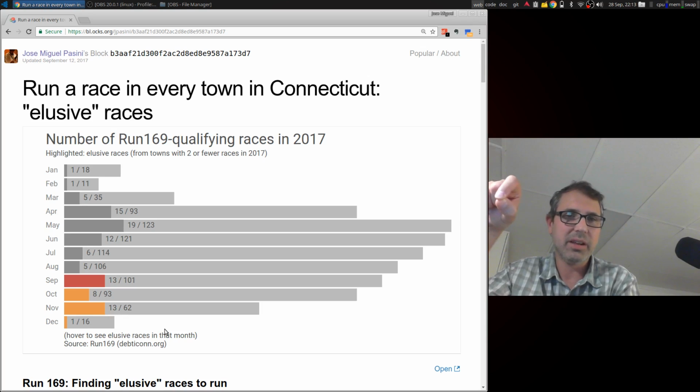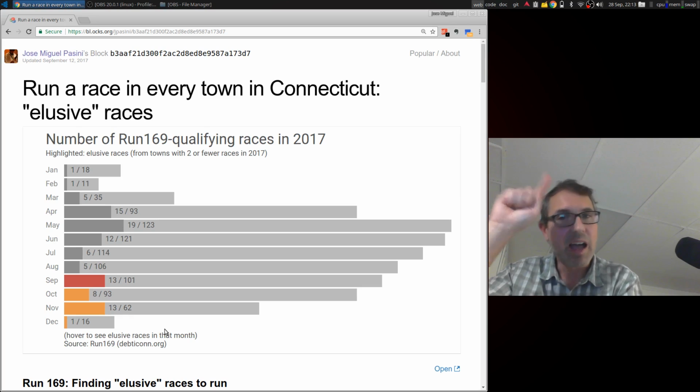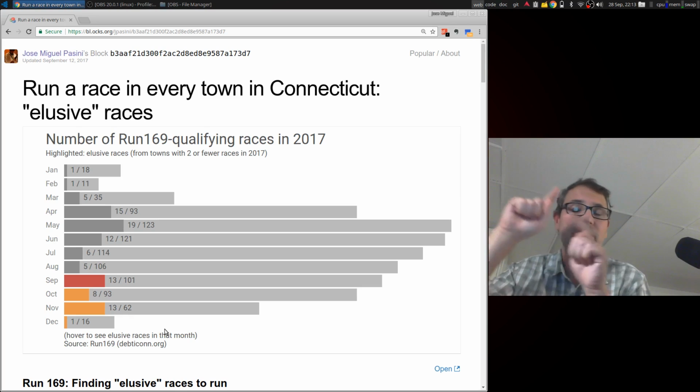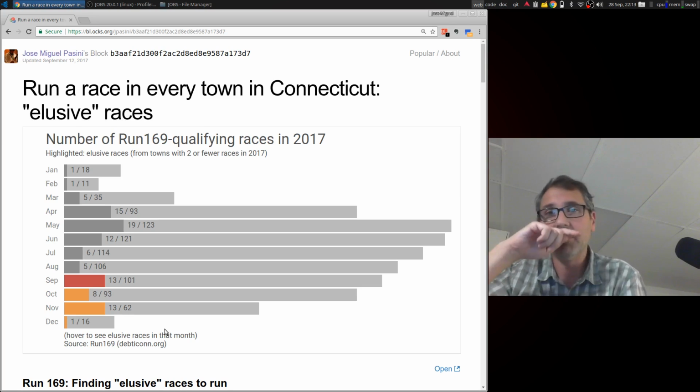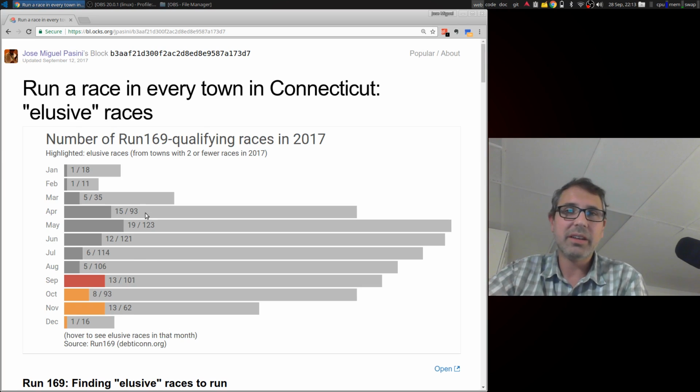So I highlight the towns that have only, according to this schedule, 1 or 2 races every year. So those are towns where if a race in that town is coming, I may want to run it because there's not going to be another race until a year from now. So these are the darker highlights here.